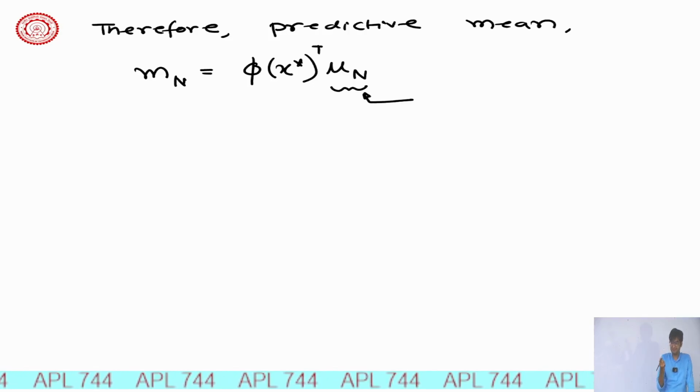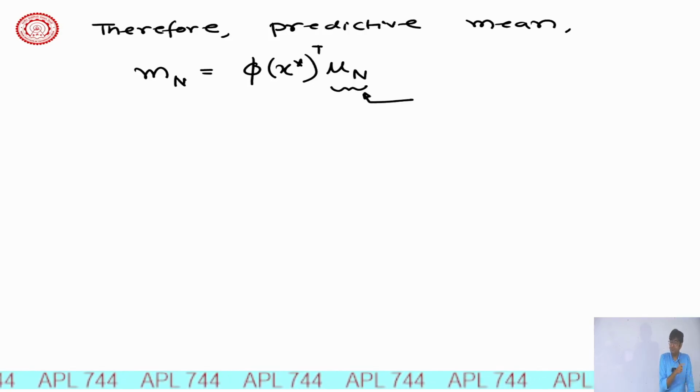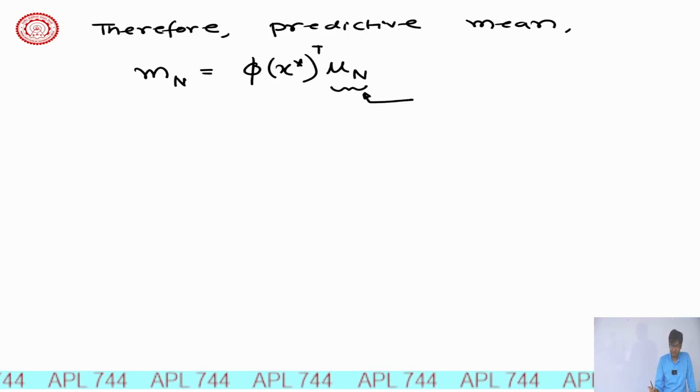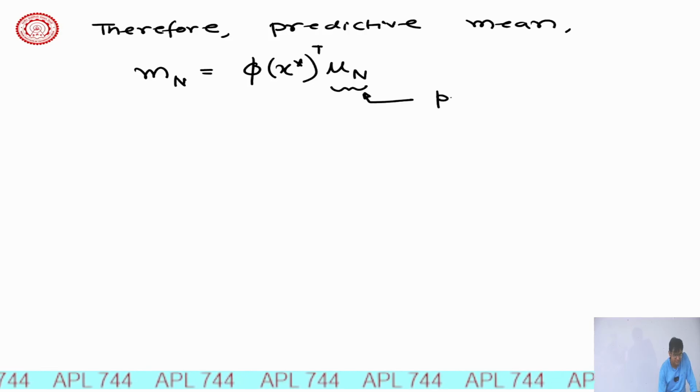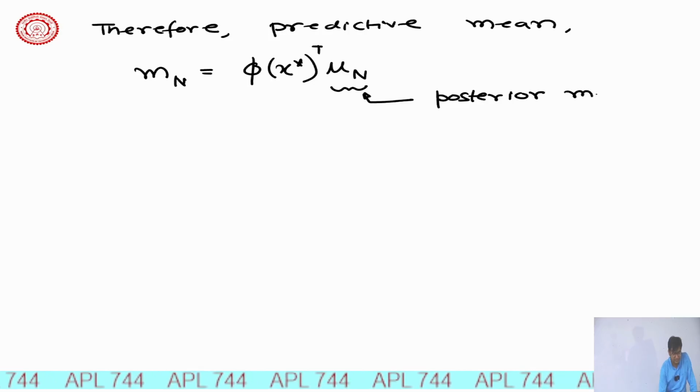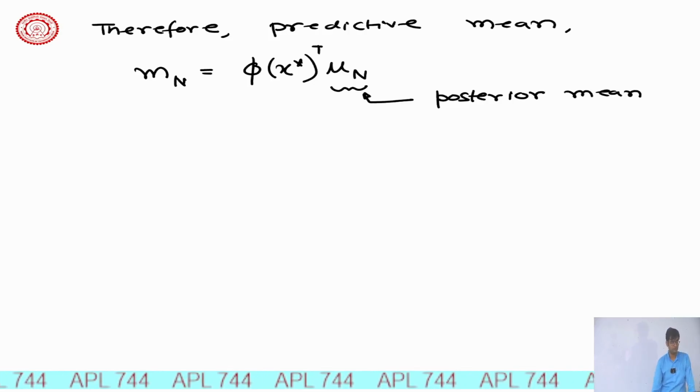Posterior mean. Mn is your predictive mean, mu n is your posterior mean. Okay. So, that is why I was introducing this terminology and telling it again and again, because it will come back throughout this course.